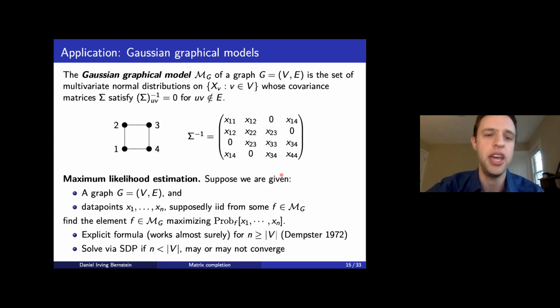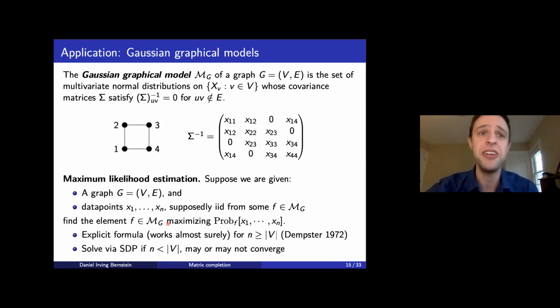Now, the quintessential way to fit a graphical model to data is to do maximum likelihood estimation. You're given a graph and you're given some data that's supposedly independently and identically distributed from some probability distribution in this graphical model.